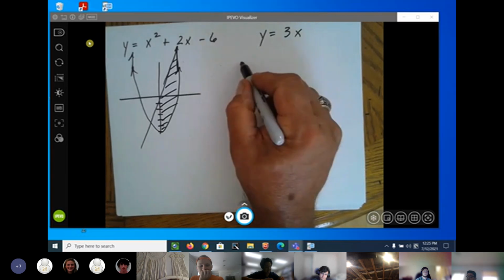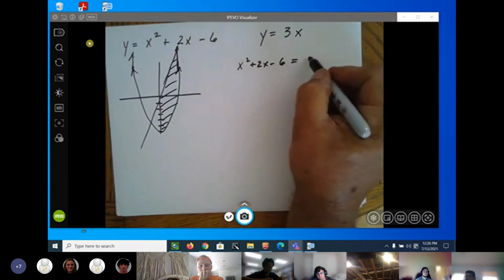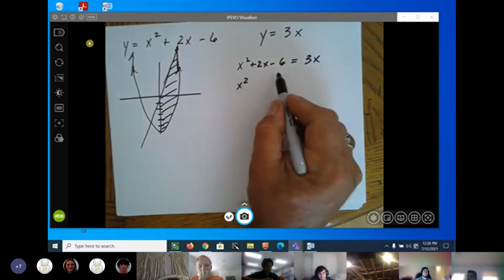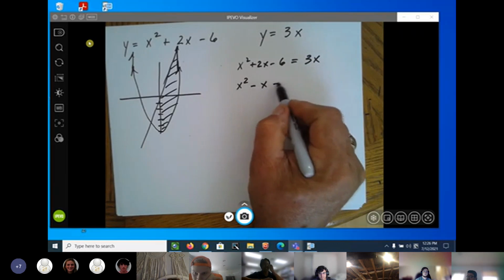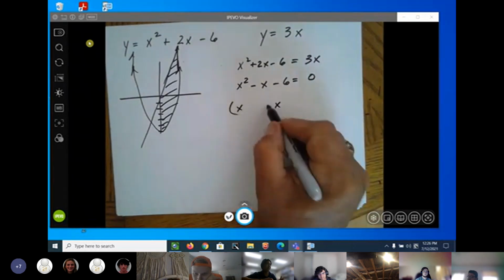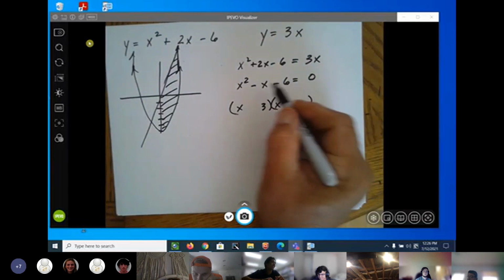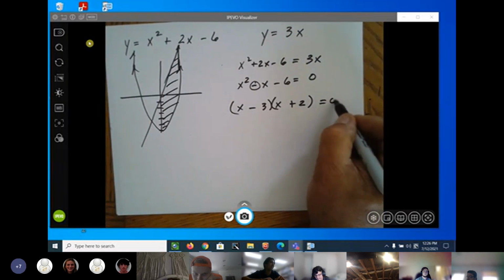So that's going to be the area. We got to set equal to 0. X squared plus 2x minus 6 is equal to 3x. X squared minus x minus 6 is equal to 0. You need a -3 and a +2.